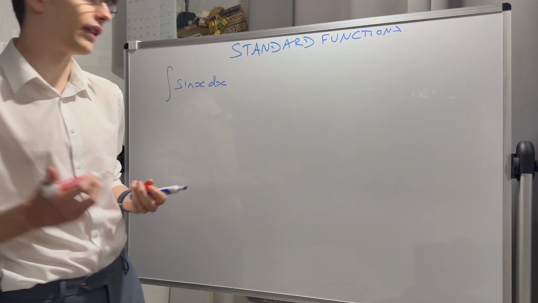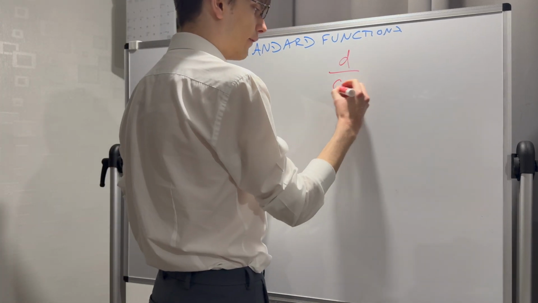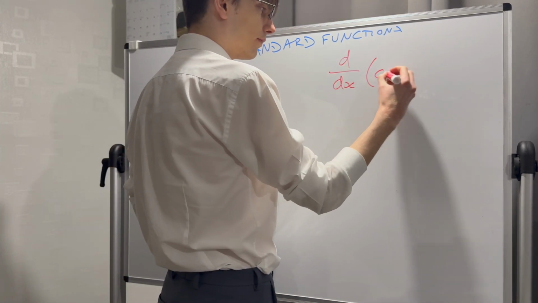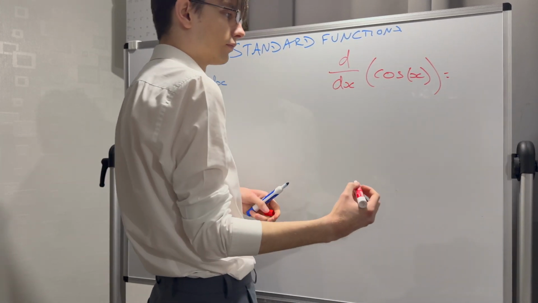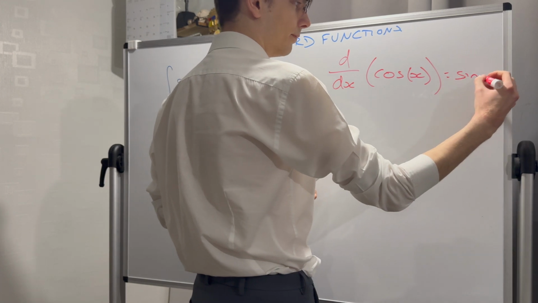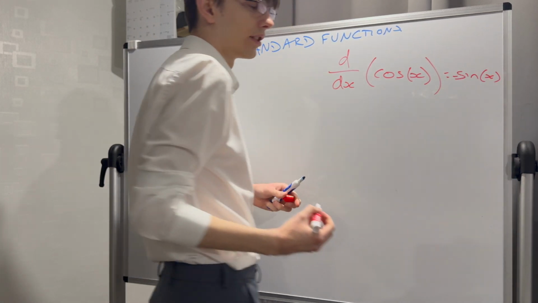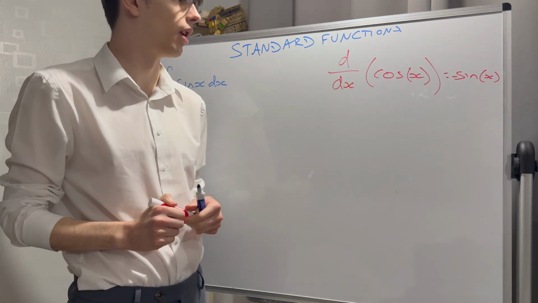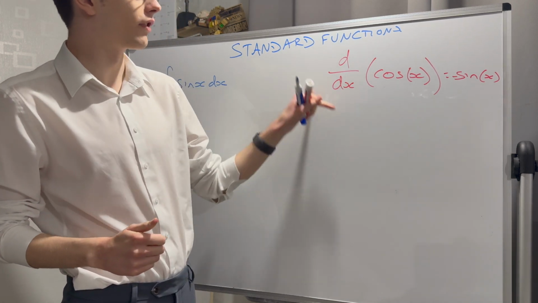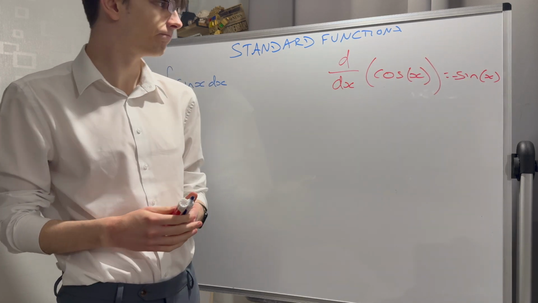And you know things like the derivative of cos is minus sine. The derivative of cos is minus sine.